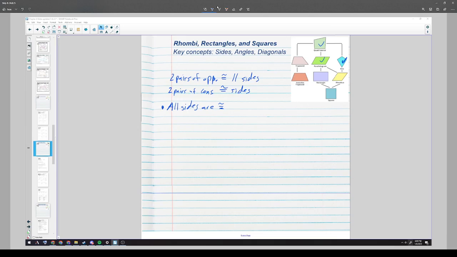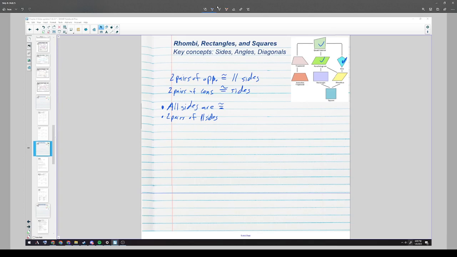It also brings down this property where we have two pairs of parallel sides. That one is inherited, but it is still important that it is a parallelogram. So what's next? We talked about sides, they're all equal. Angles, we inherit the same property from the parallelogram.